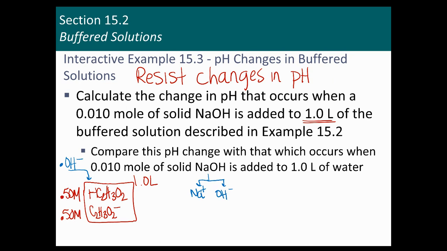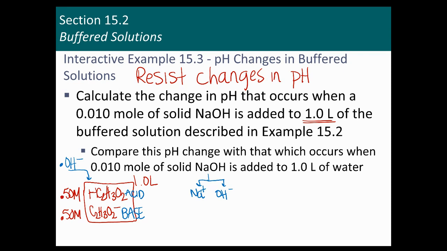And now you're going to ask the question, what reacts with a strong base? So I'm going to come over here. I have an acid and I have a base. So the question's going to be, who's going to react with the strong base?